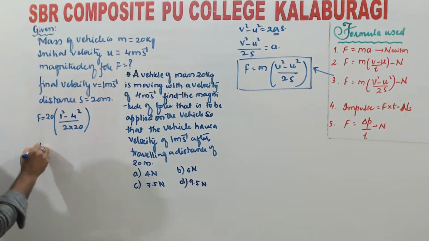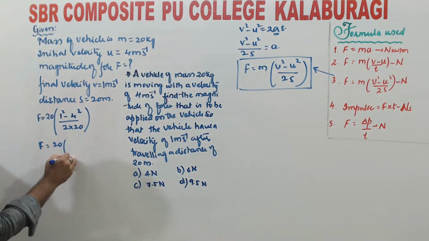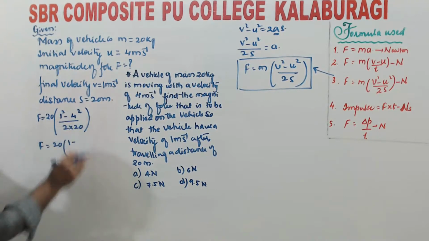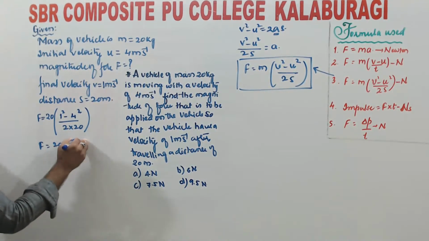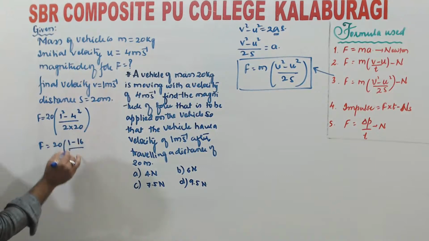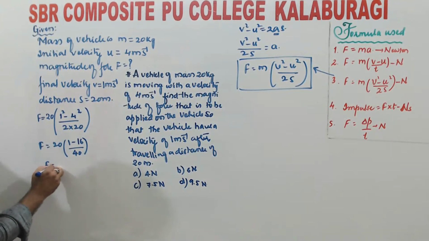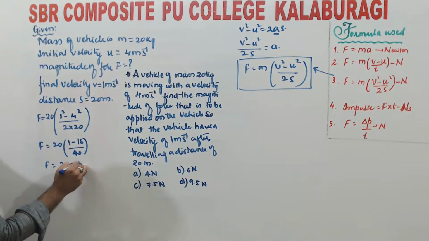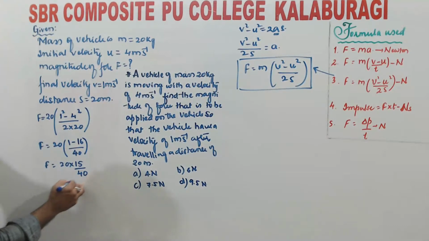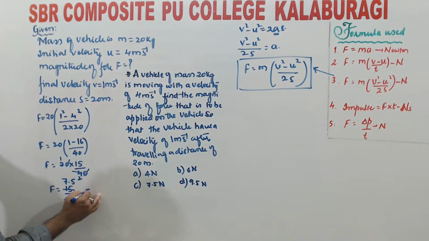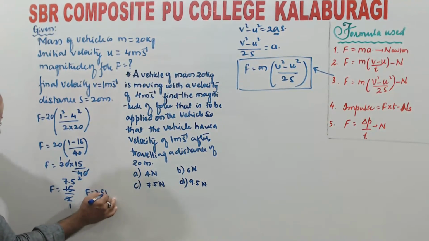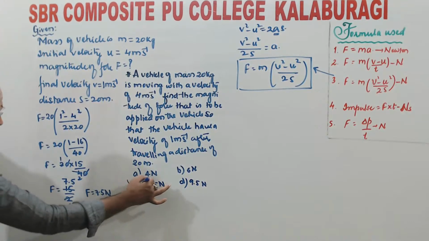So force is equal to 20 into (1 minus 16) divided by 40. Then force is equal to 20 into 15 divided by 40. The zeros cancel, and we get force is equal to 7.5 Newton. It means option number 3 is the correct one.